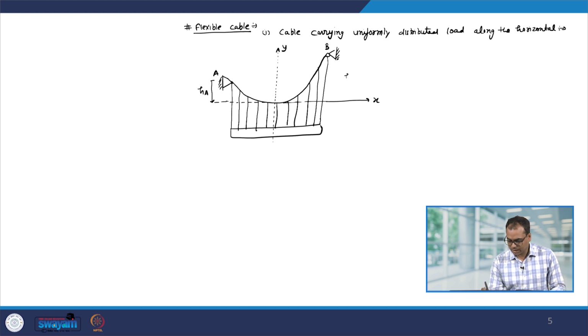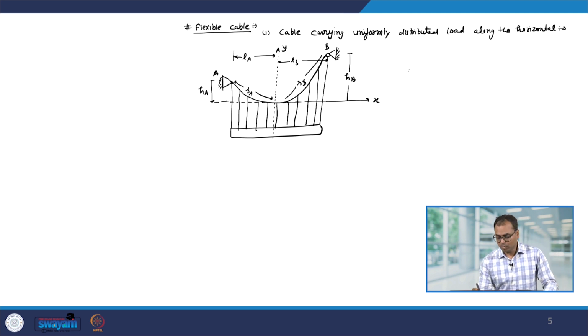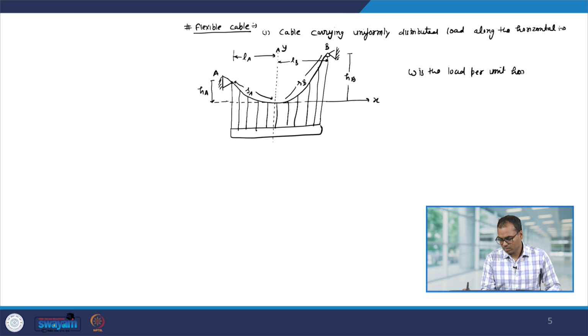and let us say this height is hA, this height is hB, this length is SA, this length is SB and this length is LA and this length is LB, and W is the load per unit horizontal length.